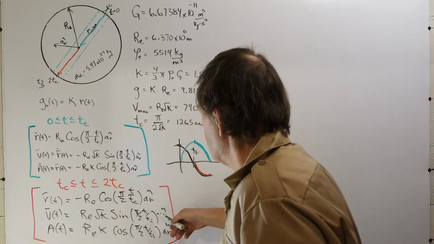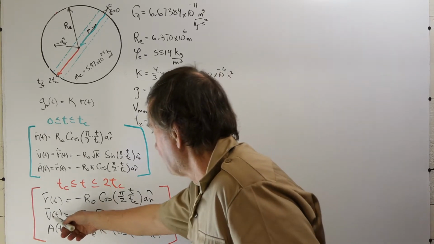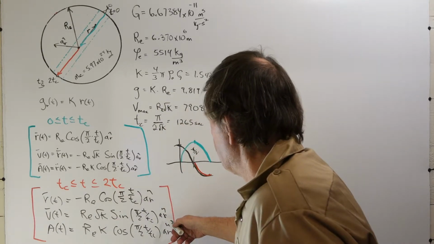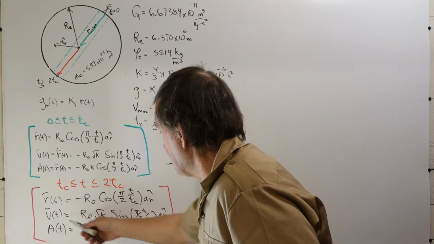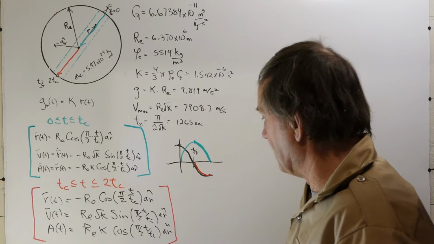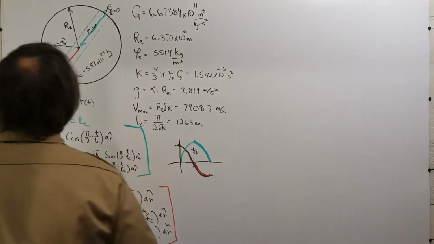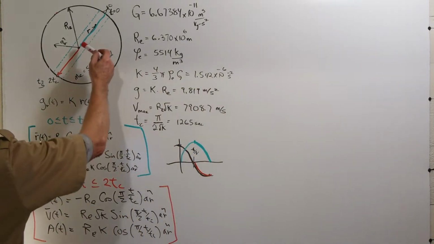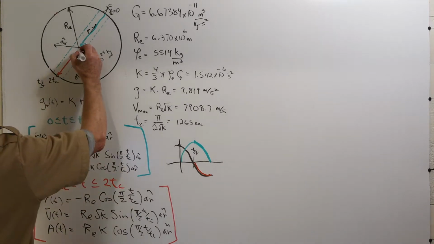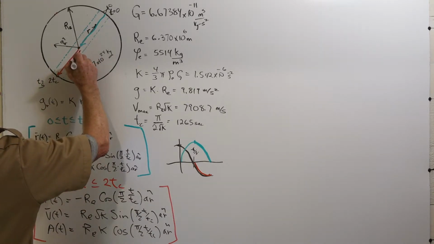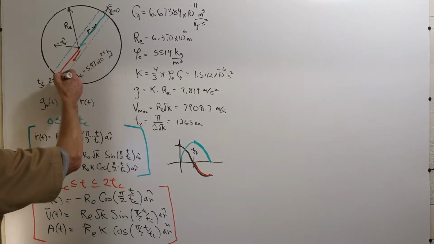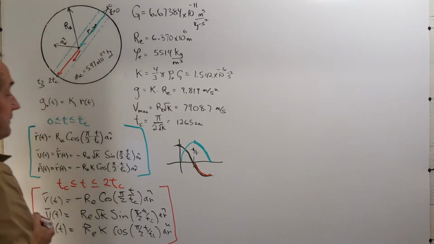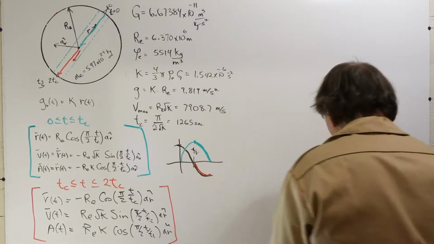So indeed, this equation is positive in the positive direction. So it tells us that the velocity is in the positive AR direction, which of course we see as we pass the center of the Earth. Our velocity is going outward from the center towards the surface, so it is in the positive AR direction.